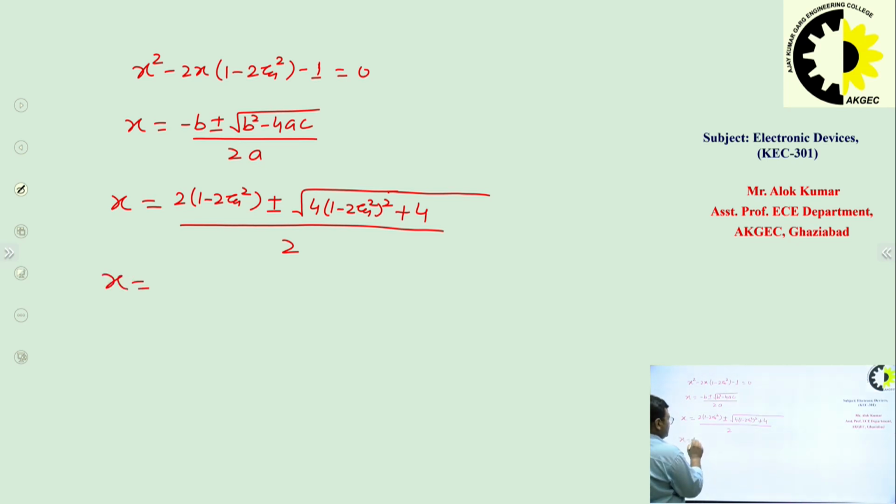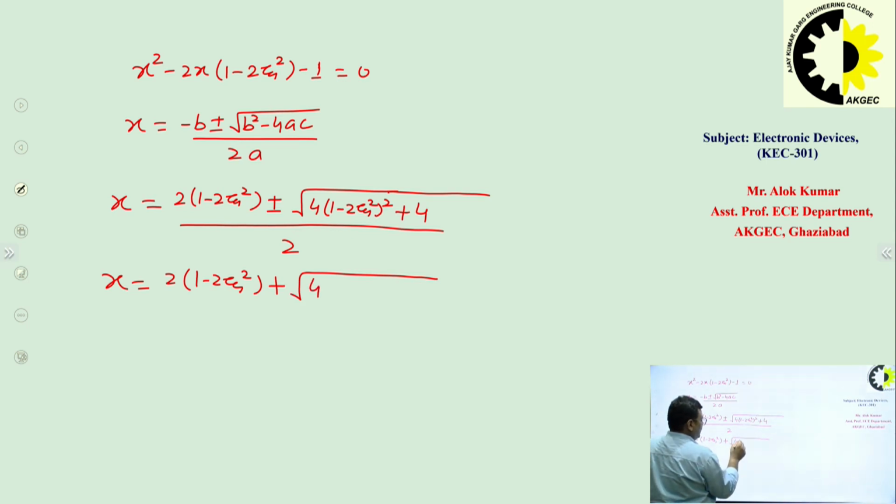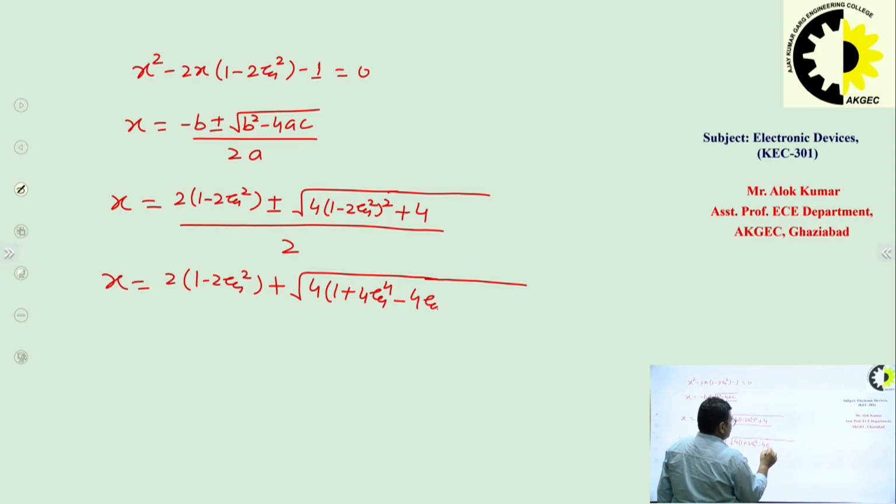We can further solve this. So I can write 2 into (1 minus 2 zeta square). Here we will take only the positive sign because we are calculating the bandwidth. So plus, if I open this, it will be 4 into 1 plus 4 zeta to the power 4 minus 4 zeta square, right? This plus 4, divided by 2.